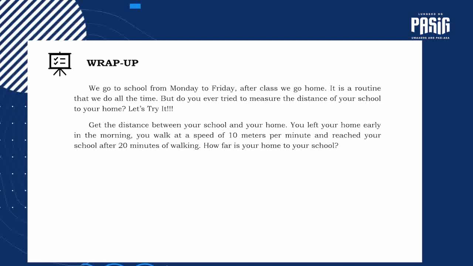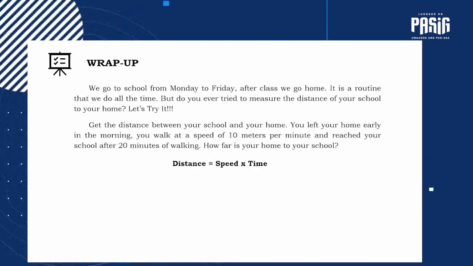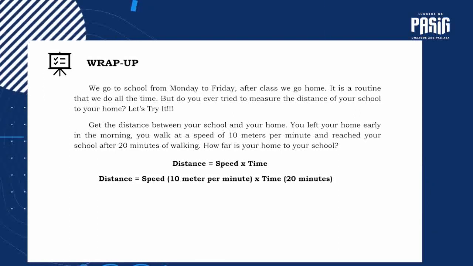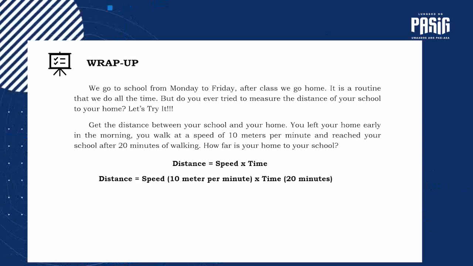So how far is your home from your school? To get the distance, distance is equal to speed multiplied by time. So to solve, distance is equal to speed, which is 10 meters per minute, multiplied by time, which is 20 minutes. And you get, very good, 200 meters.